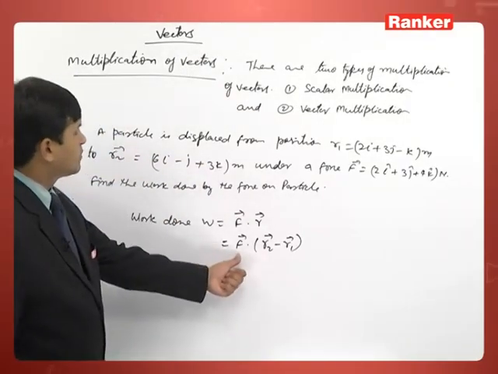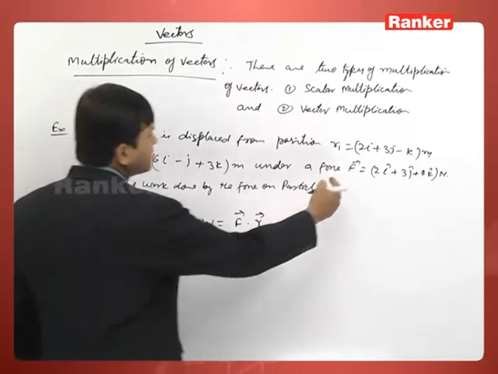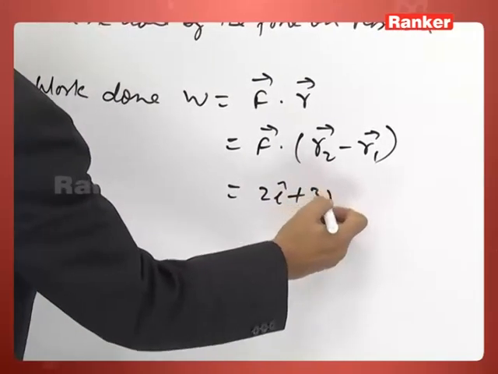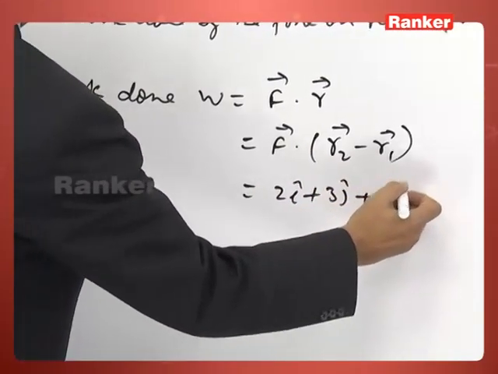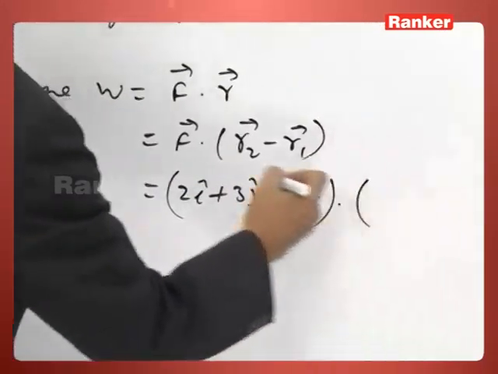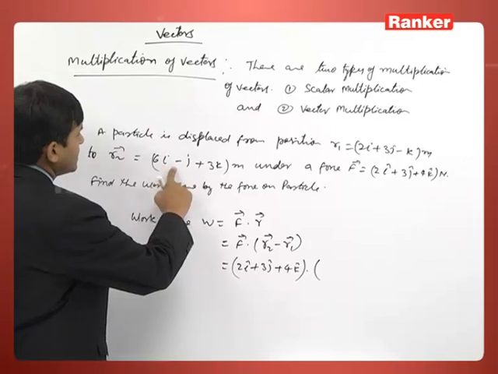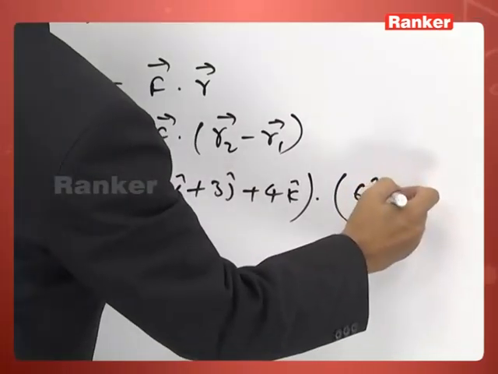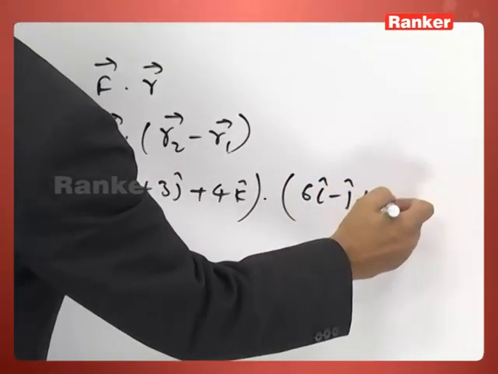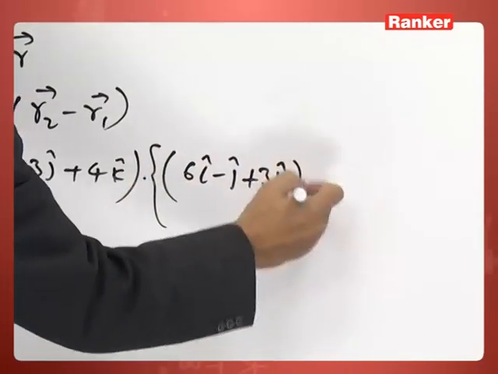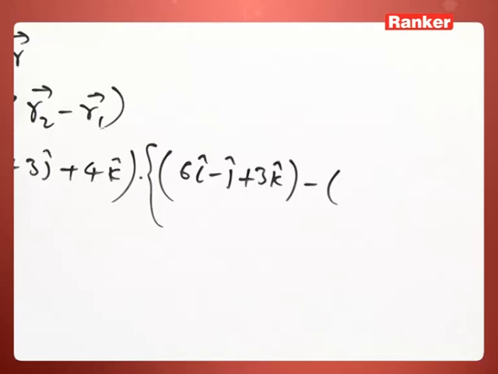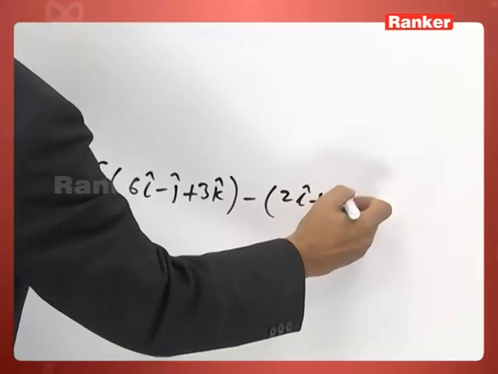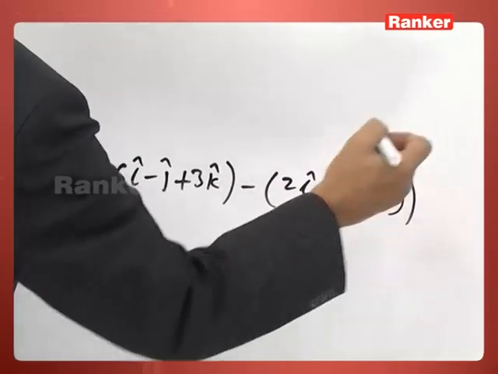Now substitute the values of F and the others. F is 2i plus 3j plus 4k cap, dot R2, which is 6i minus j plus 3k, minus R1, which is 2i plus 3j minus k.